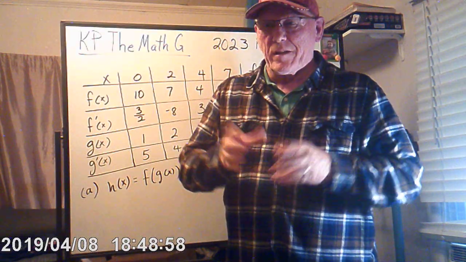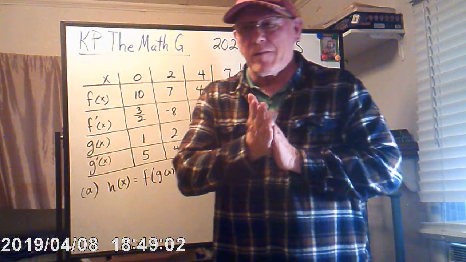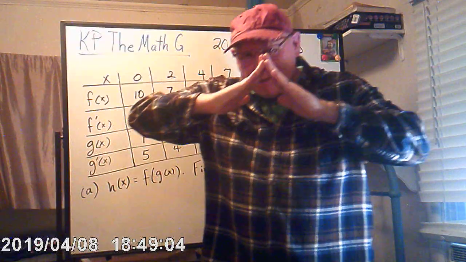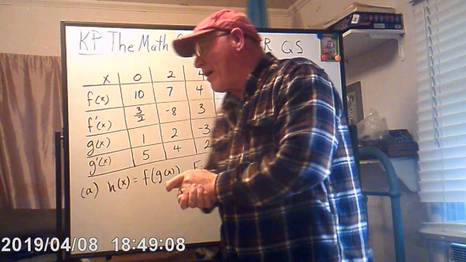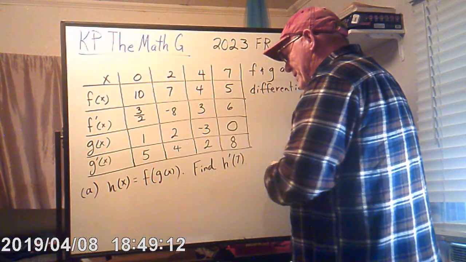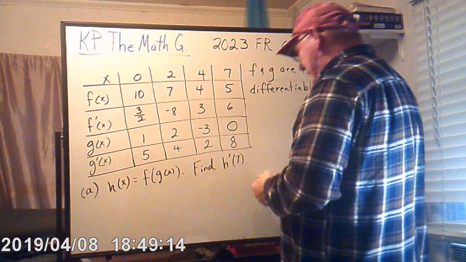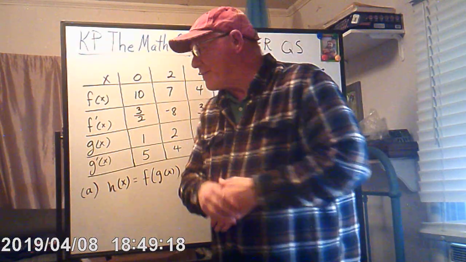So, no jumps, no gaps, no vertical tangents or something like that. So they are twice differentiable. So that means we can do these derivatives on this. That's really what that's saying here.